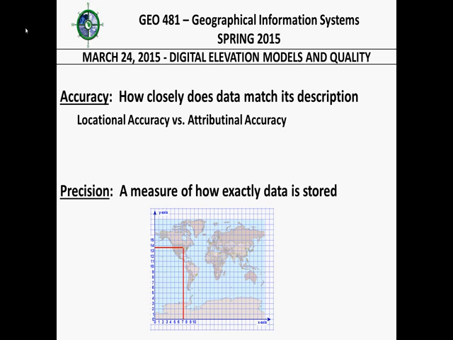I might claim the desk is green. I'd be wrong again, it's not green. That's an attributional accuracy issue. I always ask that question, and it's a fairly basic question, but it's important because those are two things about the desk that can be very wrong, but they're quite different in the sense of the location versus the attributes.